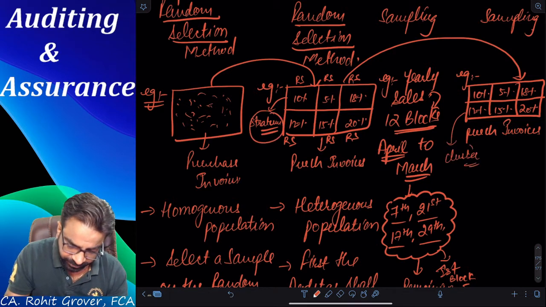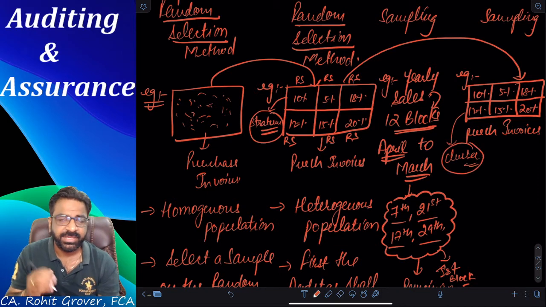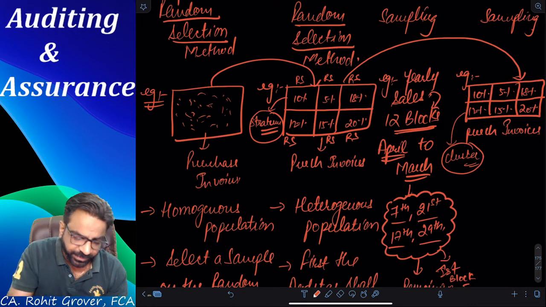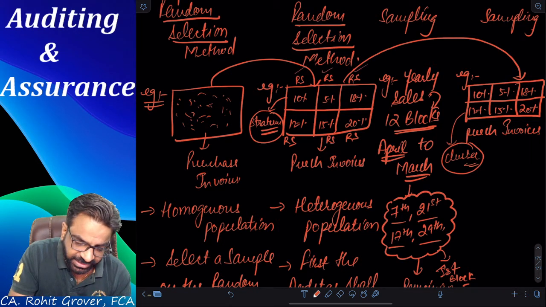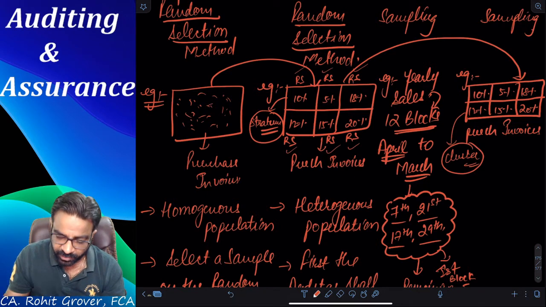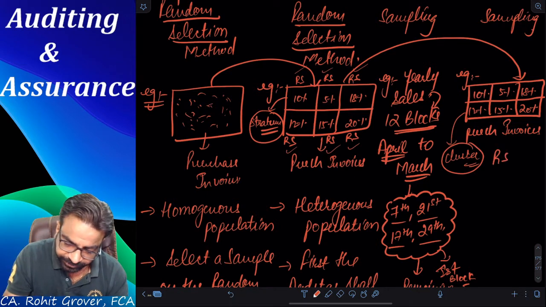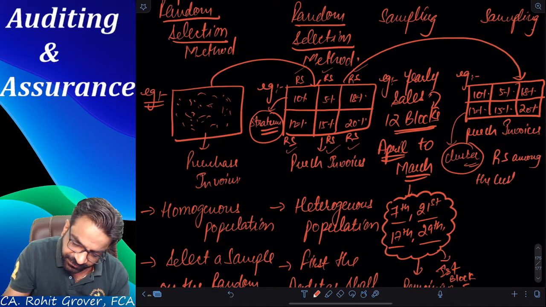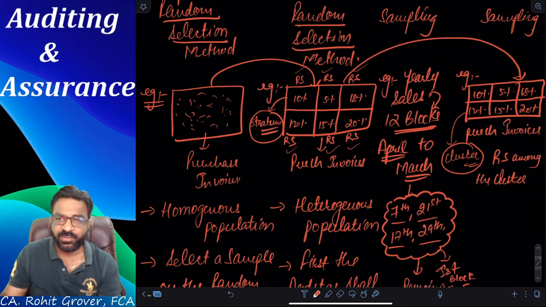Here it is stratum. Here it is cluster. After that, what we did in method number 2? We did the random selection from each and every stratum. Am I correct or not? But here, we are going to do the random selection among the clusters. What is the difference you found?